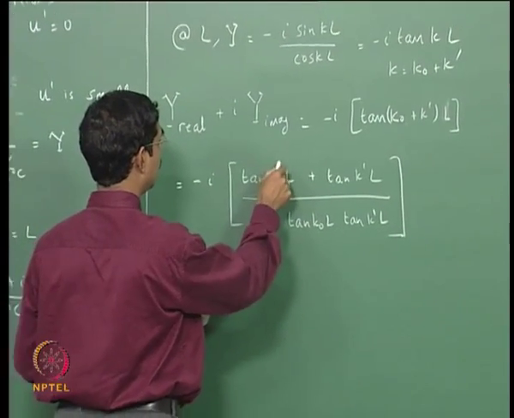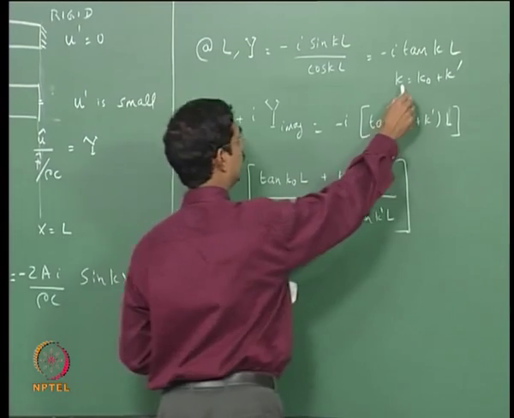So now you can see why I made this assumption, or the separation that k is k naught plus k prime.